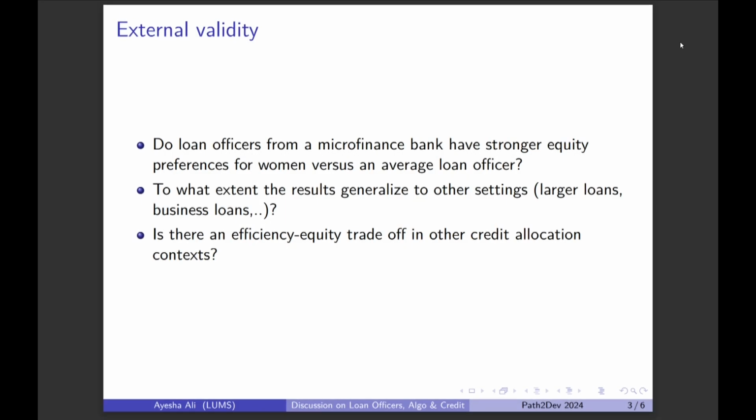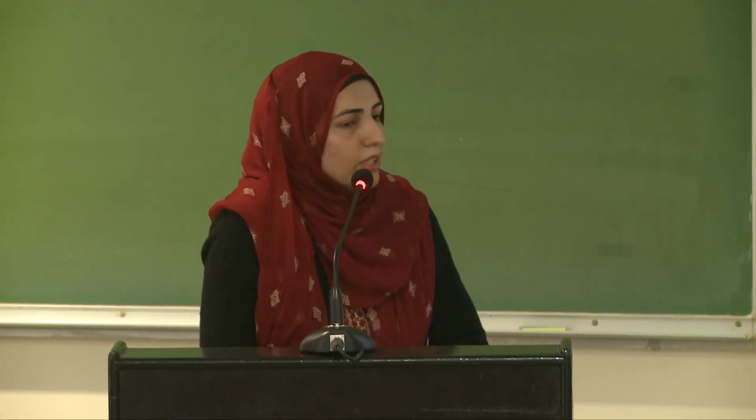One way in which you can approach this is to look at prior work. It could be from a developed or a developing country context, and see to what extent you see this efficiency-equity trade-off in those other contexts, right? And that might help you shed more light on external validity.